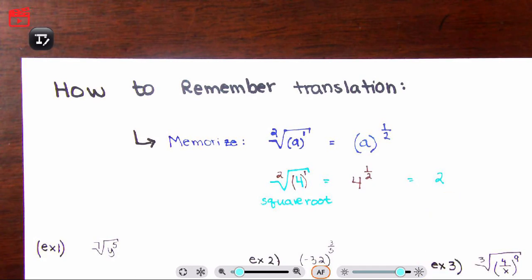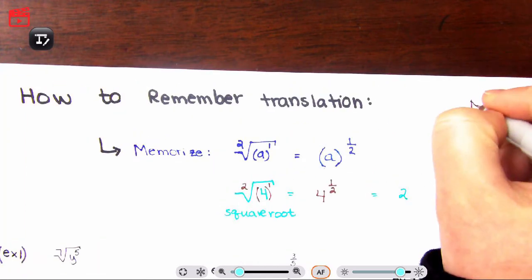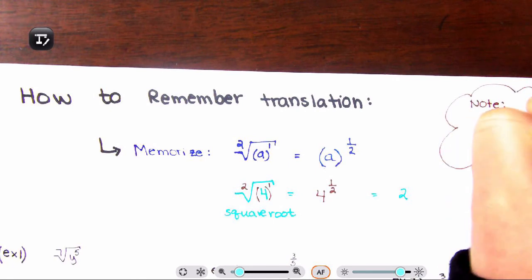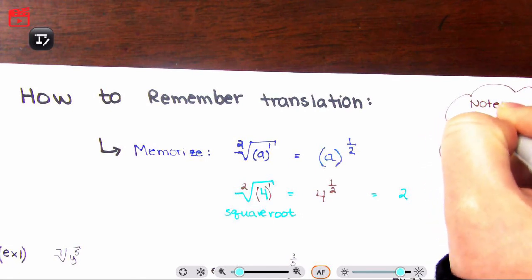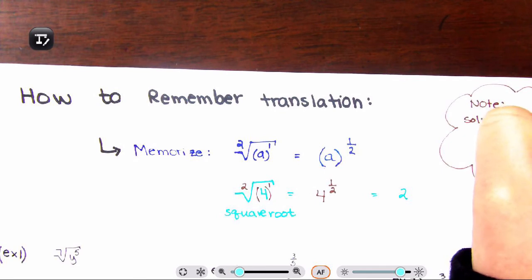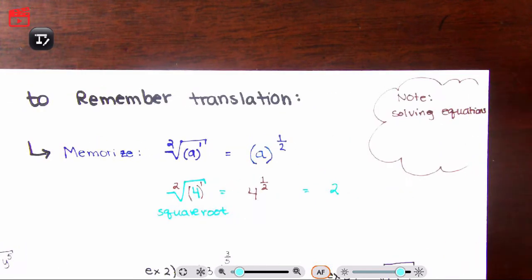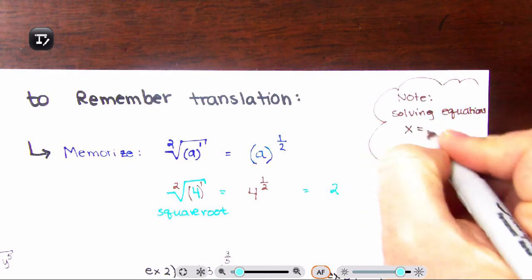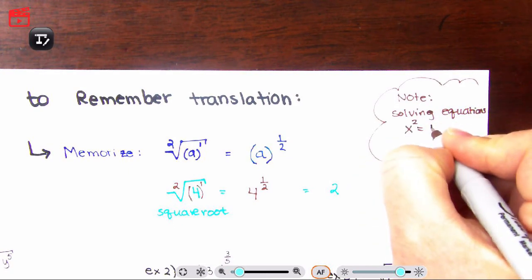Now, keep in mind whenever you're simplifying these, I think I mentioned it when we were solving equations. When you are solving equations, and you have something like x squared is equal to 4.